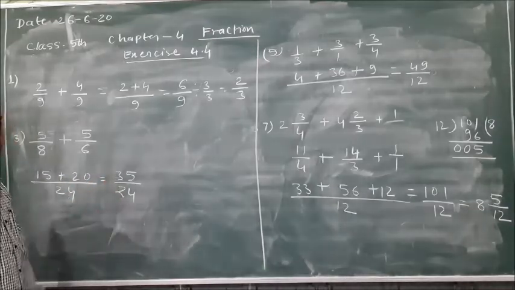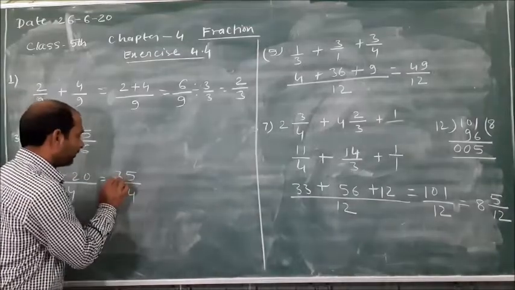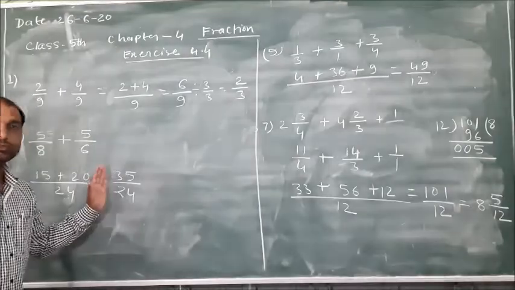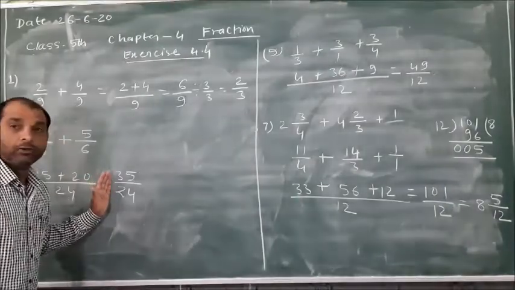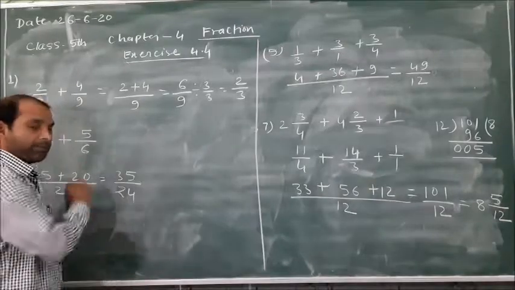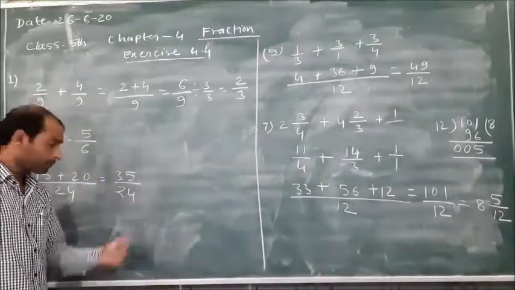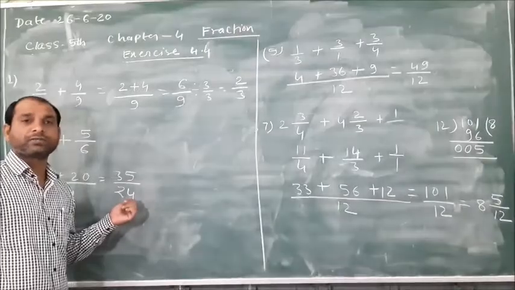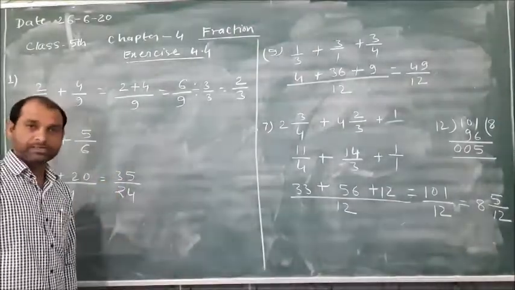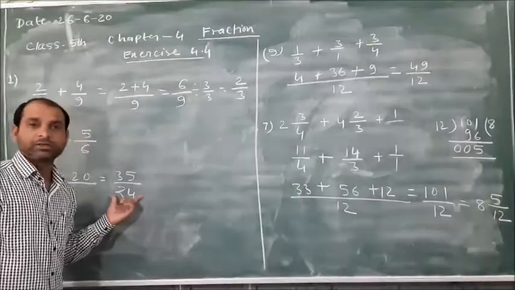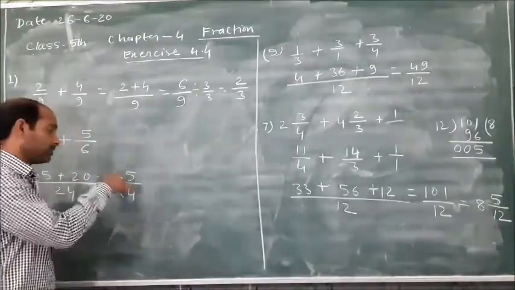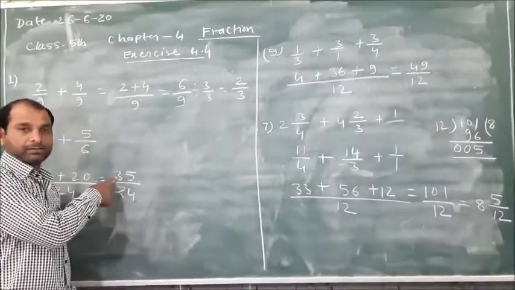35 upon 24. Here 35 upon 24 is also in the lowest terms. Why? Because 35 is divisible by 5, but 24 is not divisible by 5. 35 is divisible by 7, but 24 is not divisible by 7. 24 is divisible by 3, but 35 is not divisible by 3.